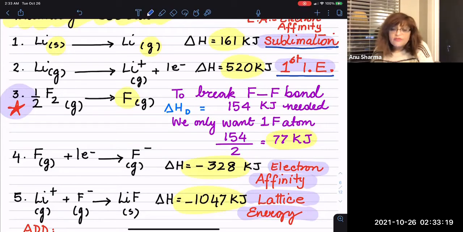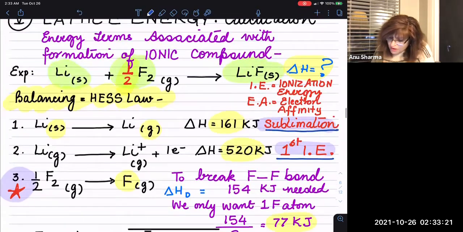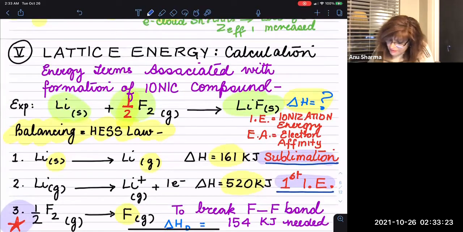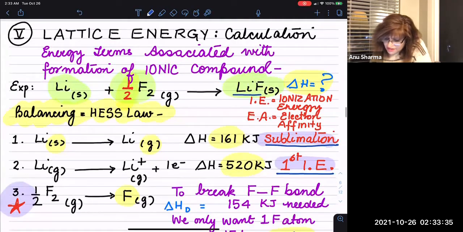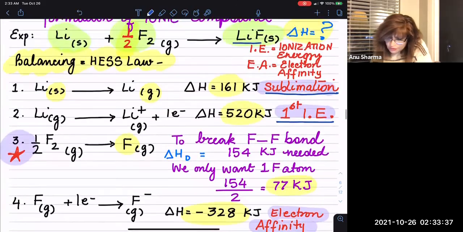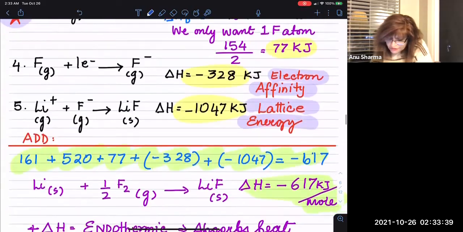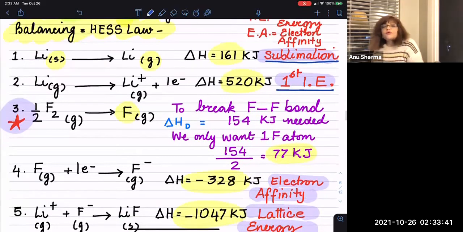Next is fluorine, F2. Now pay attention here. If you are given a final molecule with just one halogen, then you need to do half of the halogen. But if the substance itself is made of halogens, then you don't do half. Here, because it's just lithium fluoride, this is a bond dissociation energy.